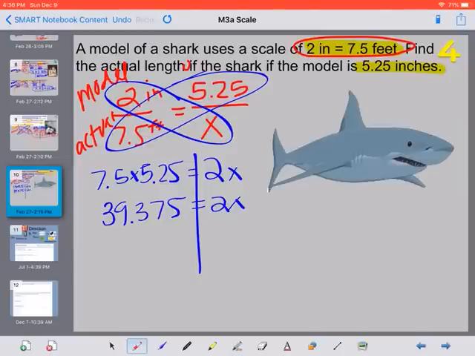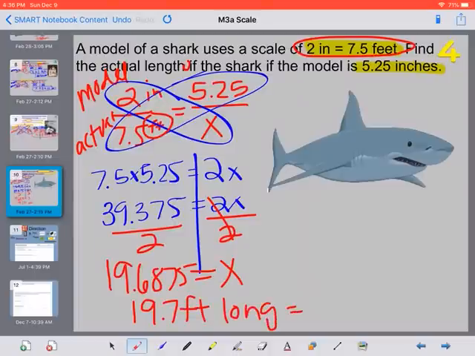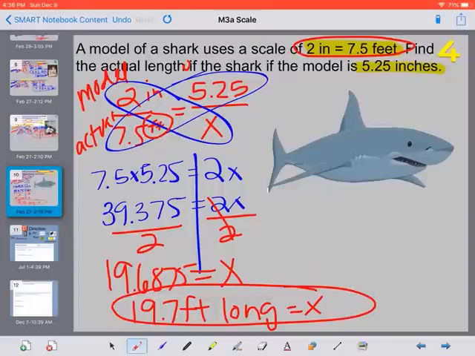When I divide by 2, I get x equal to 19.6875. So if I were to round this to the nearest tenth, it would be about 19.7, and we're talking about feet. So our shark in real life would be about 19.7, almost 20 feet long.